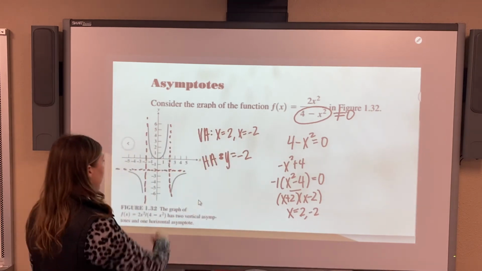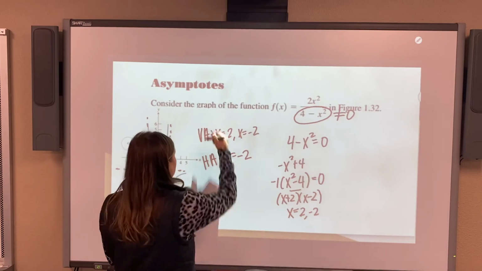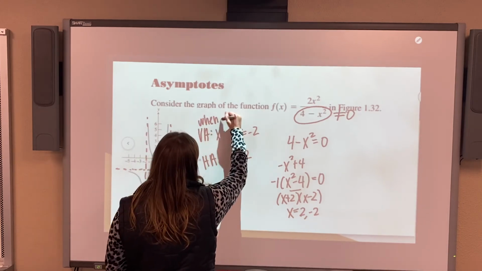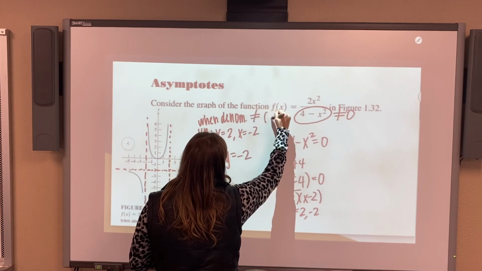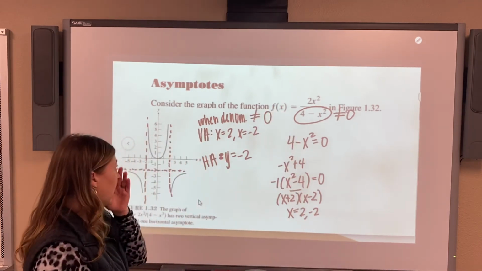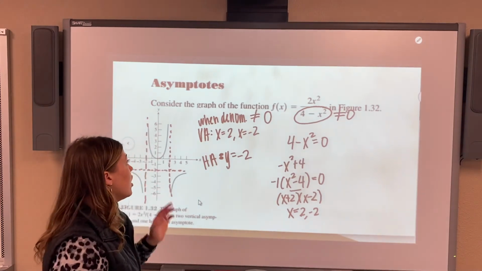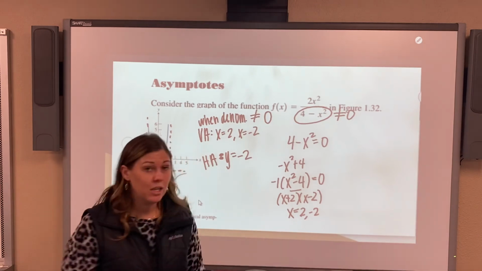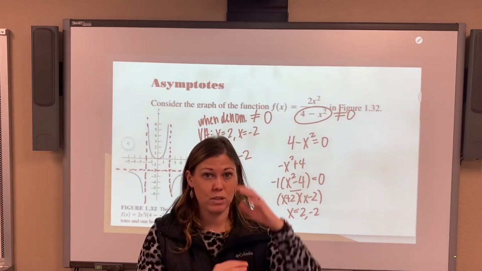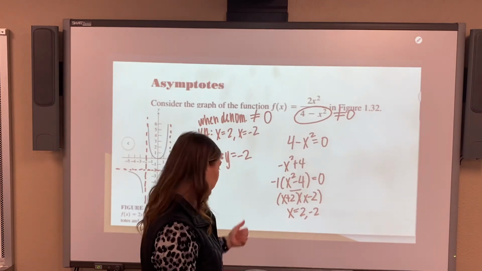That's how we get our vertical asymptotes. So your vertical asymptotes are when the denominator can't equal 0. Okay, so we've talked about that kind of, but here are some more examples. For your horizontal asymptotes, you have to look at your leading powers in your top and your bottom, and then look at the leading coefficients to figure that out.